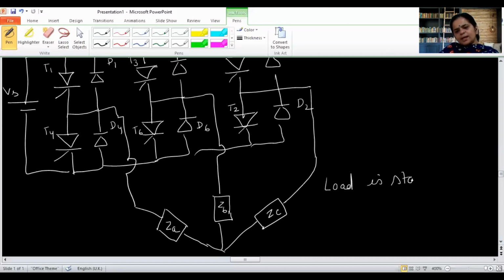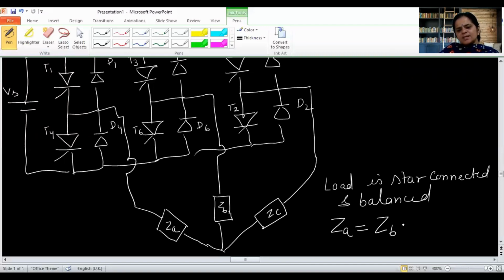When we talk about balanced, it means the impedances ZA, ZB and ZC are all equal. So this is for A phase, this is for B phase, this is for C phase, or I can write it, this is R phase, this is Y phase and this is B phase.